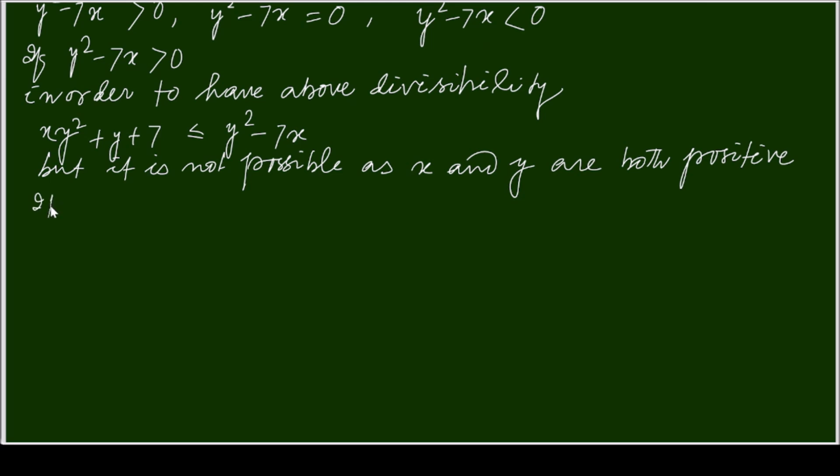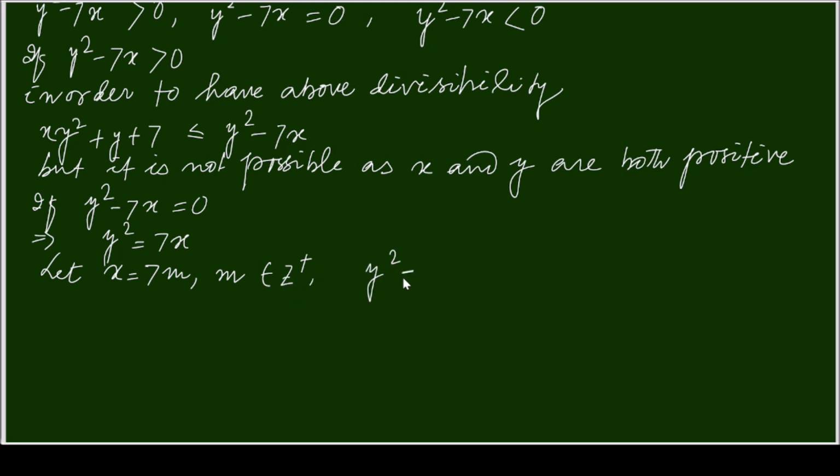Second case, if y square minus 7x equals 0, that means y square equals 7x. So here many solutions are possible. Let x equal 7 times m, where m is a positive integer.